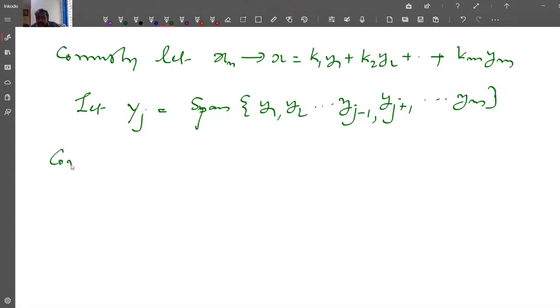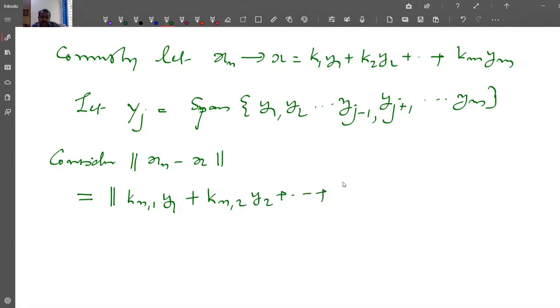Now consider norm of xn minus x. That is equal to norm of kn1 y1 plus kn2 y2 plus etc. plus knm ym, minus k1 y1 plus k2 y2 plus etc. plus km ym.